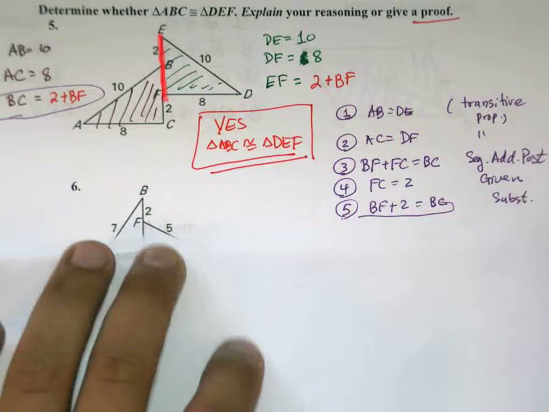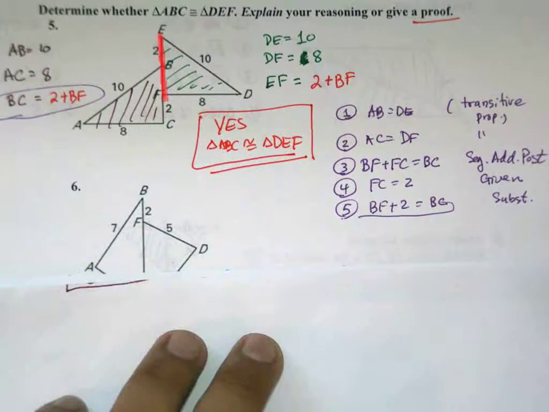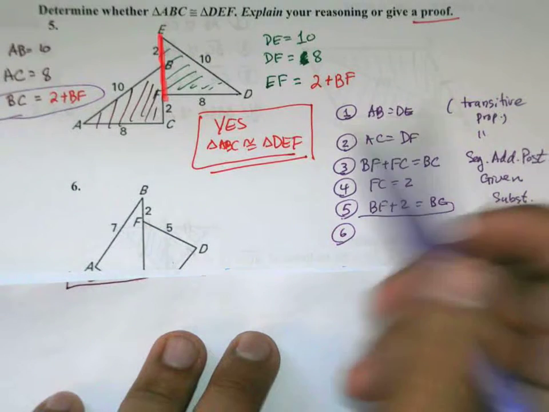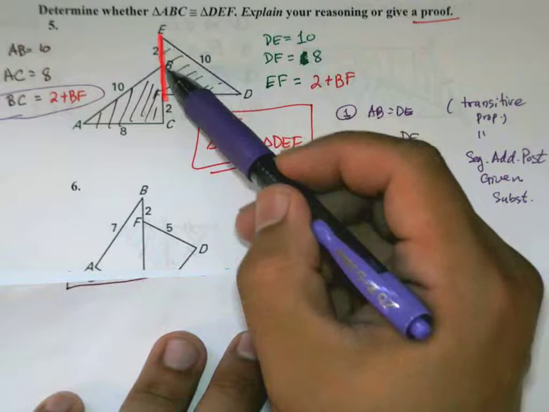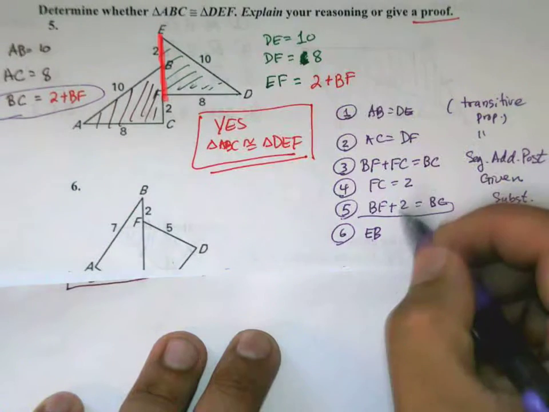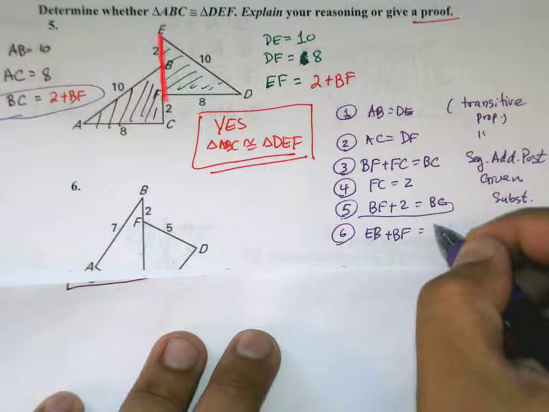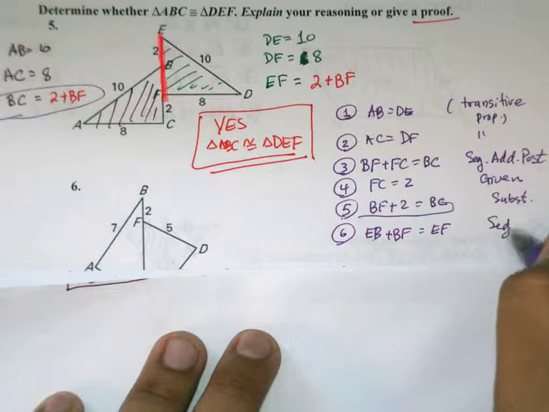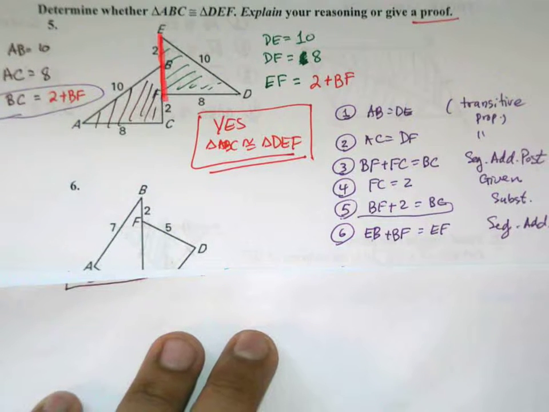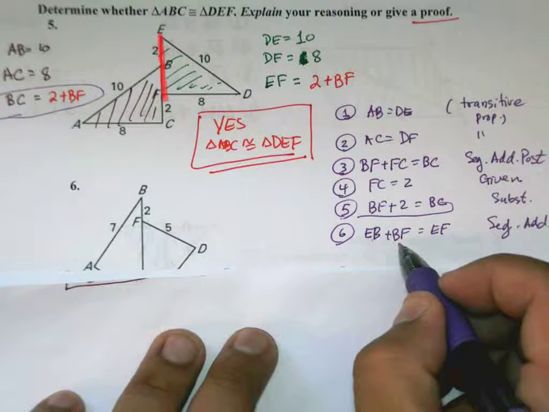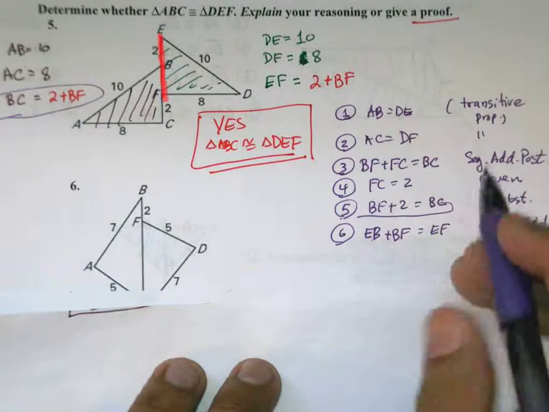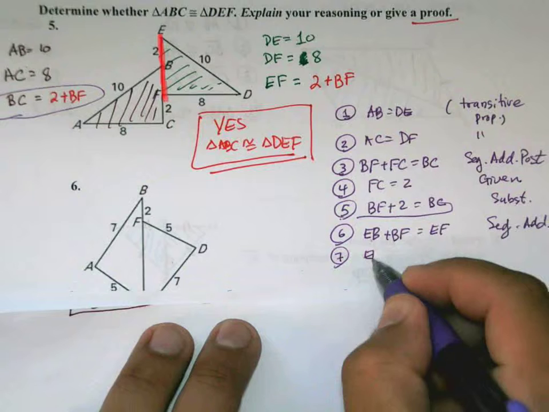And now this proof gets a little bit lengthy, but we can get it done. Let's look at the same thing for EF. For EF, EB plus BF equals EF. EB, that's this part right here, plus BF, is equal to EF. And this is segment addition postulate. But EB is equal to 2. And that's given.